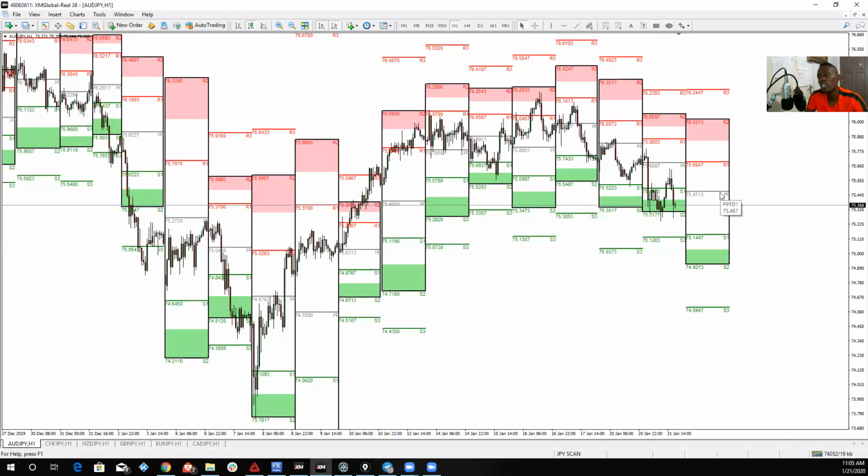This pink area and this green area highlighted are take profit areas. If it's a bear and you enter the market right here at CPP, you take profit between S1 and S2. If it's a bull, you take profit between R1 and R2.